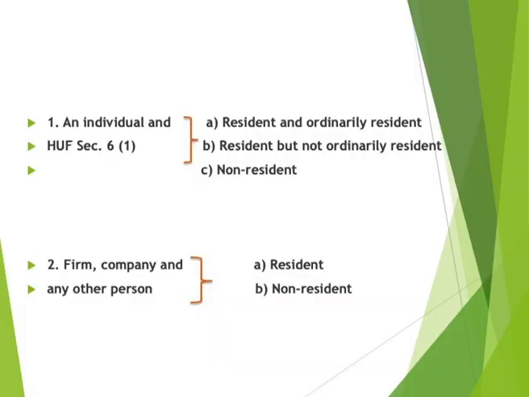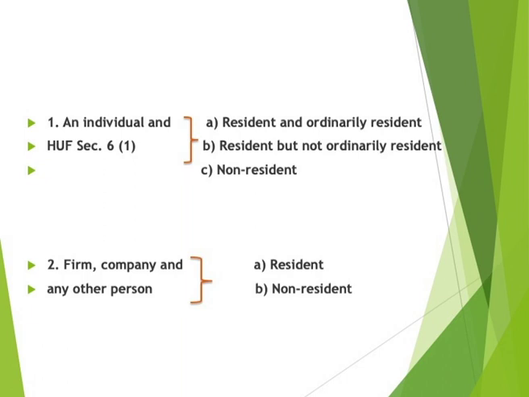On the other side, for a firm, company, partnership firm or other artificial person, we have only two statuses, that is resident and non-resident. Now, first we will discuss the individual. Let us see what actually the individual says. In the same chart diagram, it denotes individual and HUFs.